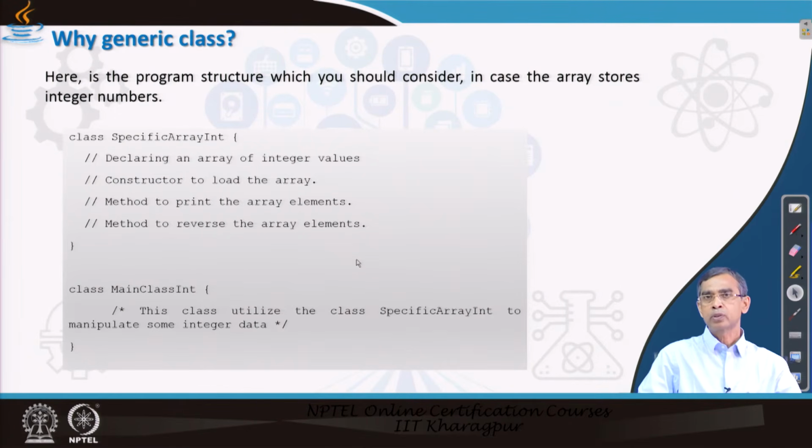Then we should have a declaration of the array of elements, a constructor to load the array, that means initializing the array, a method to print the array, and another method to reverse the array. Finally, this program can be run using a driver class, that is the main class, where the objects of this type will be declared and used, or all the methods in this class will be accessed. So, this is the case.